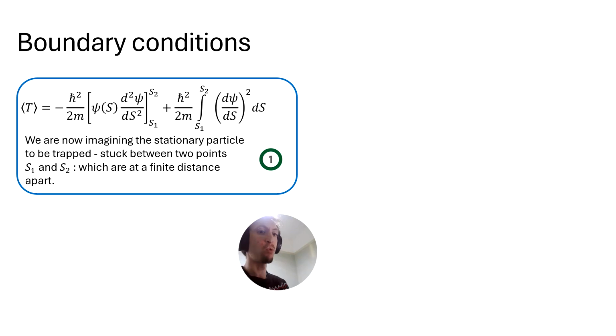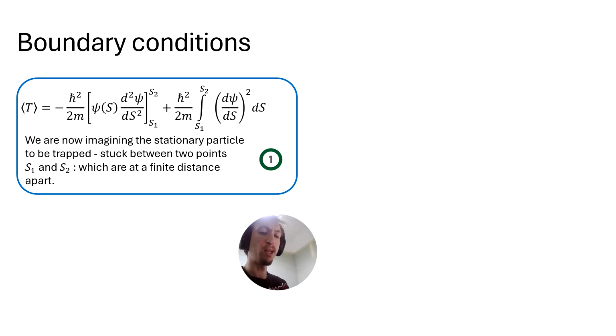And we might want to do that if we're considering a particle in a finite potential well and considering effects like quantum tunneling. The only slight complication with taking that approach is then S1 and S2 need to be infinite for the boundary conditions to be that psi at S1 and S2 is zero.